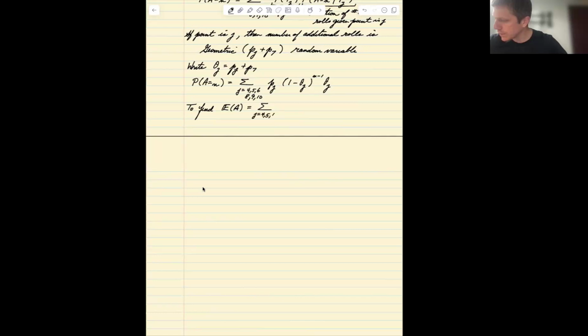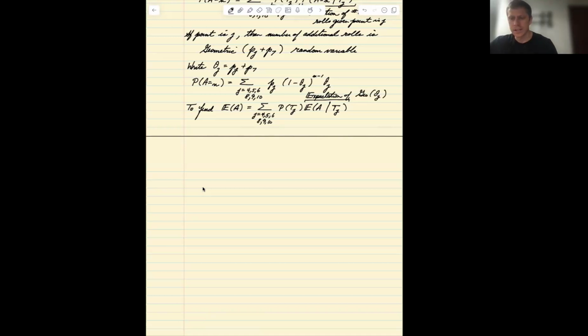We'll get to it in a bit more detail, but intuitively, if we roll a j, that does change the nature of the random variable A, and the expectation changes because the distribution of A changes, and the expectation of A given Tj is going to be the expectation of a geometric theta j.